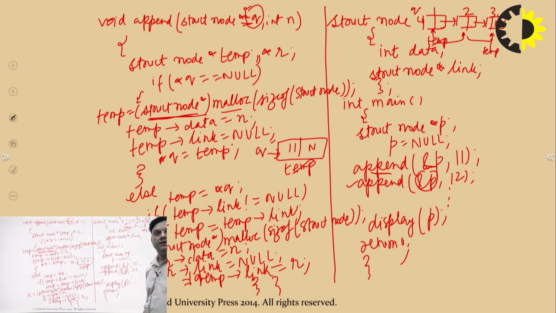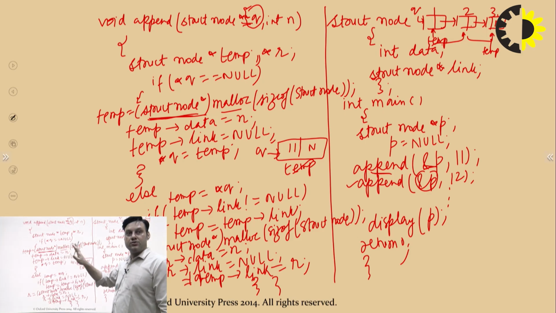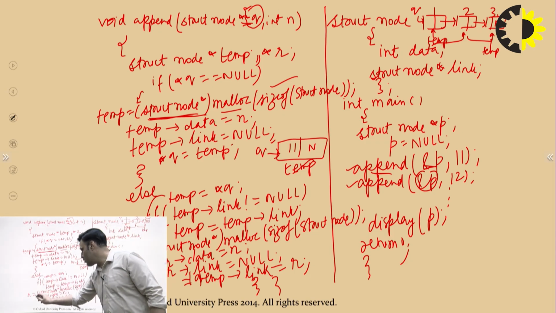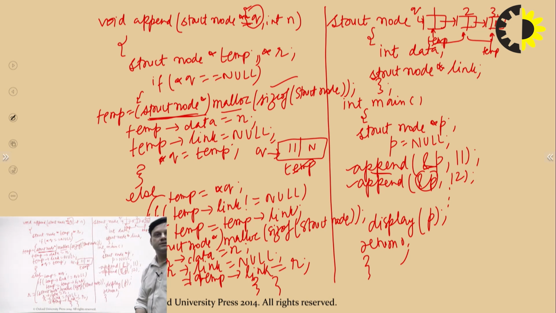Okay, right students. So whenever initially there is no node, this branch will be executed, right? If some nodes exist, then every time the append function is called. What is this append function doing? It is adding a node after a given node at the end. For that, this code will run, right students?